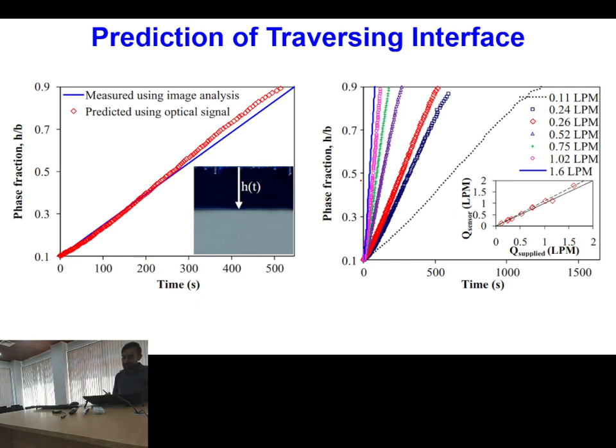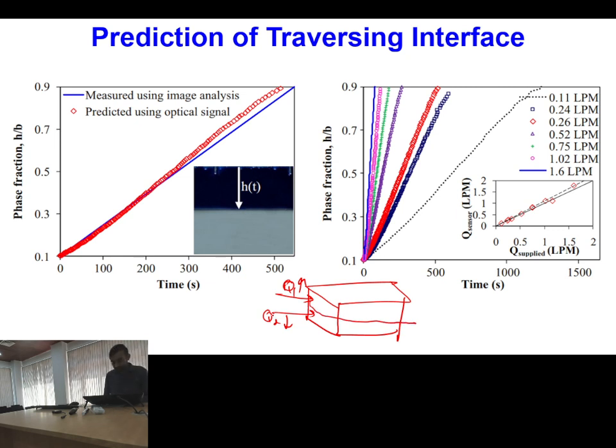How? Say you have a tank over here and fluids are coming in a stratified manner. If the flow rate of this fluid is increased and the flow rate of the bottom fluid is decreased, what will happen? This interface will start moving towards the bottom. If the flow rate of this one is increased and this is decreased, then the interface will start moving towards the top.